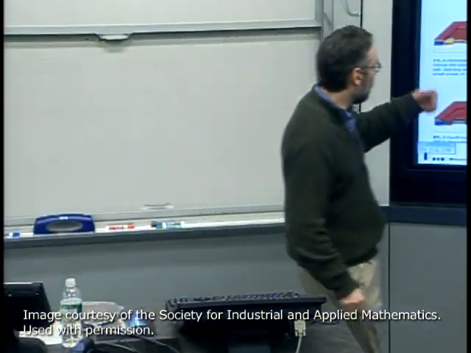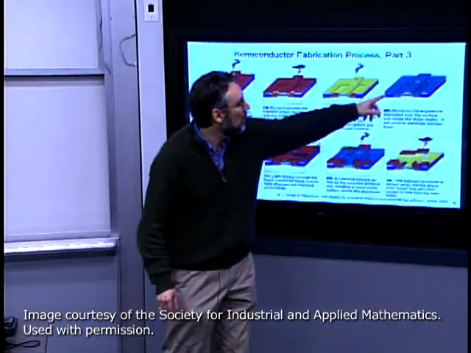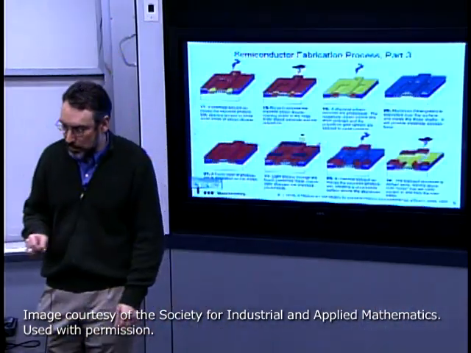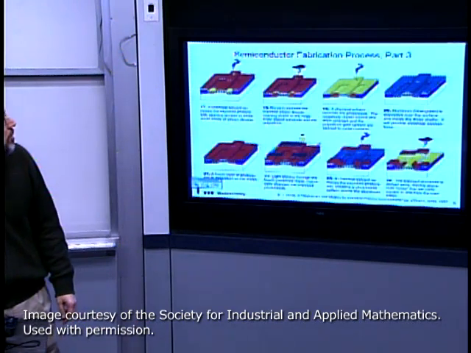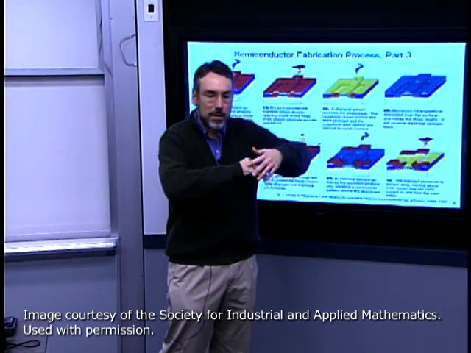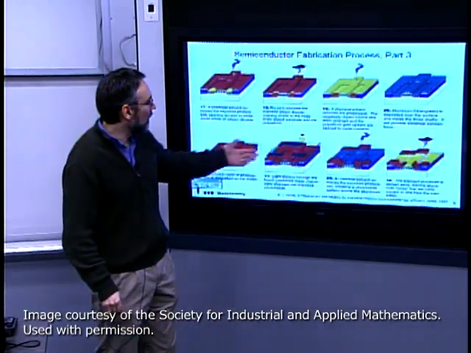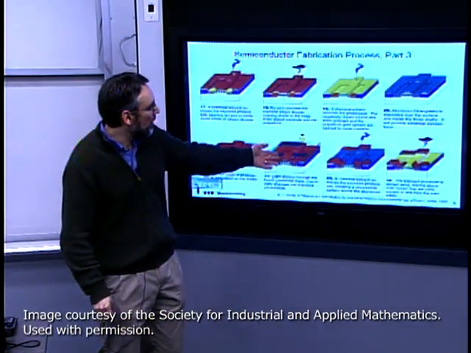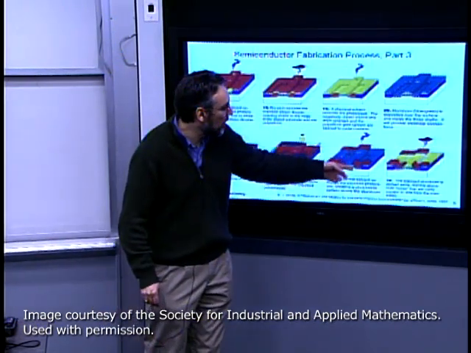So in this case, this is an older technology. They're talking about this being aluminum. I'll show you a little bit later that most of the most advanced chips are now using a copper interconnect, which has other challenges. So the basic idea is now we've covered the whole surface of the wafer, and we selectively go in with a photolithography step and remove where we don't want the metal lines.